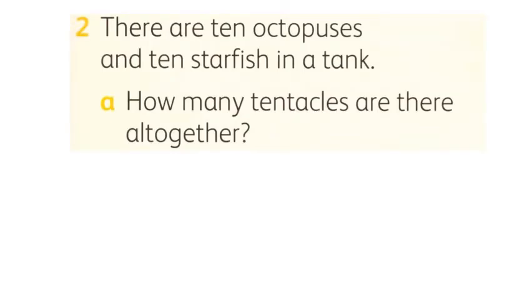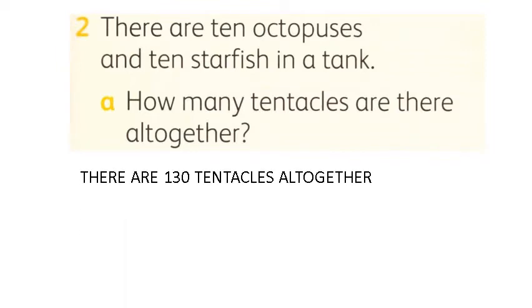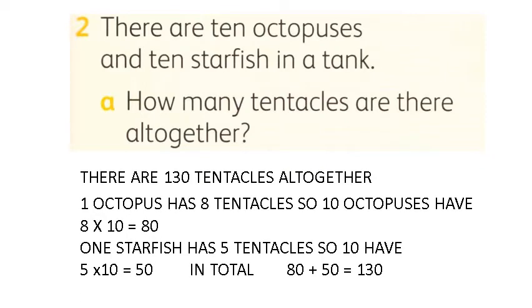Question 2. There are 10 octopuses and 10 starfish in a tank. How many tentacles are there altogether? Here's the answer. There are 130 tentacles altogether. One octopus has 8 tentacles, so 10 octopuses have 8 times 10, which is 80.